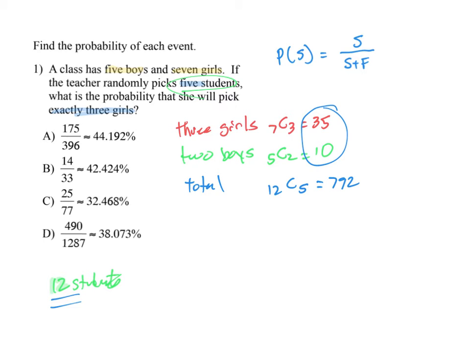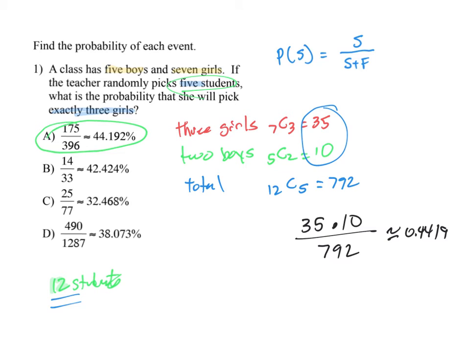So our calculation is 35, the 7C3, times 10, the 5C2, divided by the 792. When you compute this on your calculator, it works out to be approximately 0.4419, and that is choice A over here on the multiple choice, 44.192%.